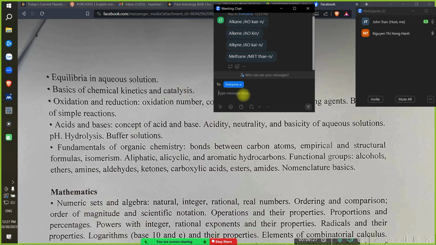The alkane bond is the longest, alkane is longer than alkene, and alkene is longer than alkyne. So the alkyne, which has a triple bond, is the shortest.